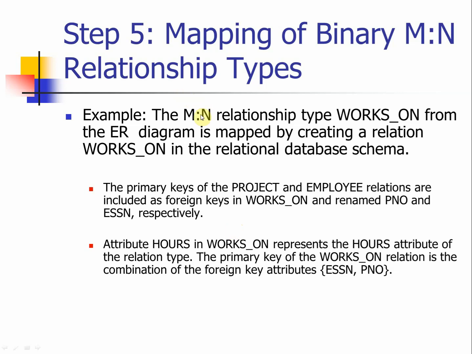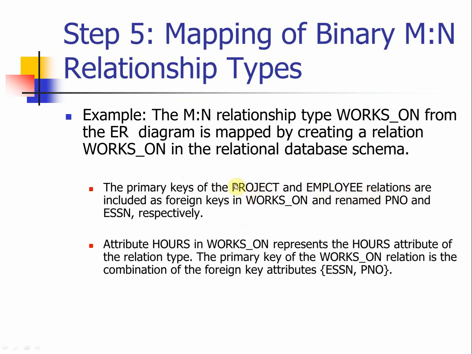For the m-to-n relationship, this works on is the one that we will see is not going to be able to be handled by the simple foreign key approach. So what we need to do is create a new relation called works on. The primary key of the project is one end that they attach, and the other end is the employee.